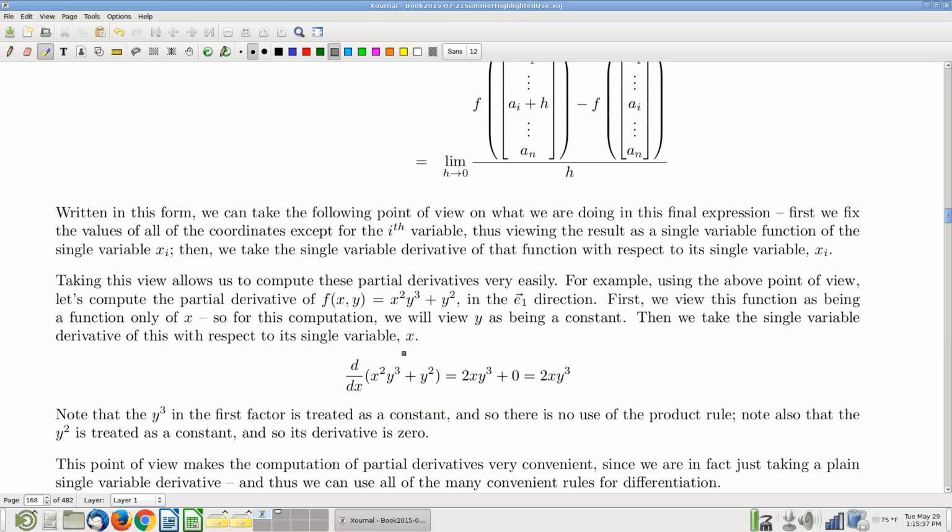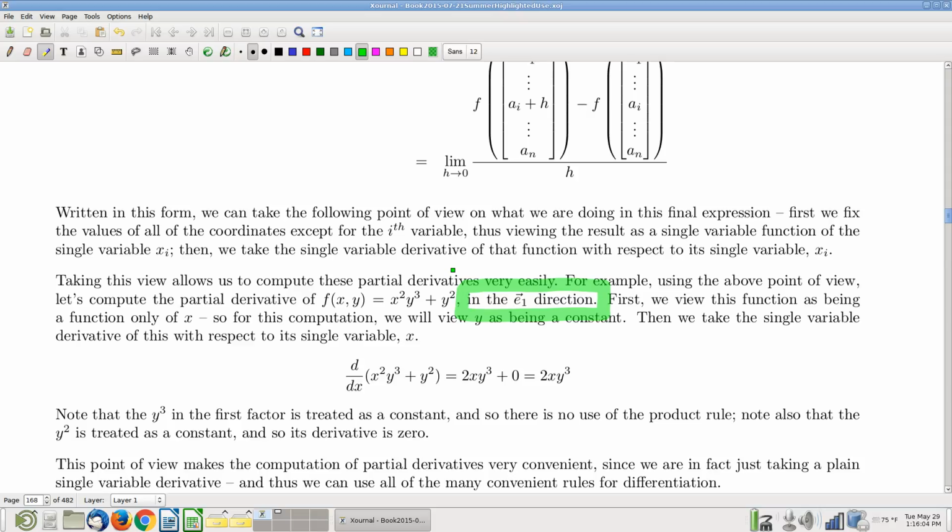What that means is you can do these types of calculations really, really easily. So, for example, how would I take this derivative here? I'm going to treat y as a constant. Suppose we're taking this unit directional derivative in the e_1 direction. In the e_1 direction, x is the only thing that's changing.